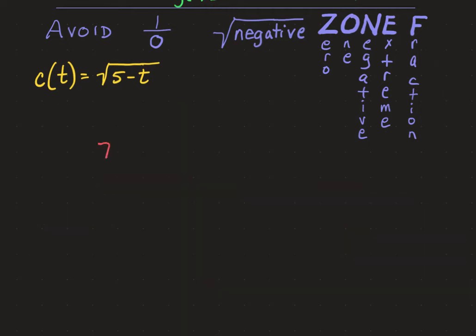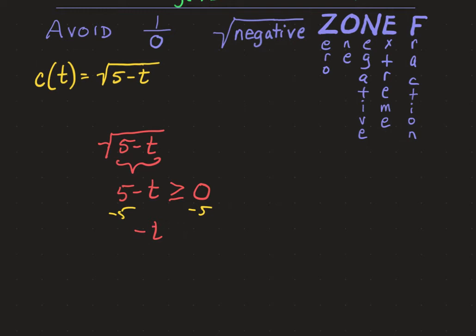We have the square root of 5 minus t. And what's underneath the square root? 5 minus t has to be greater than or equal to 0. So if you remember how to solve inequalities, if not, take a look at the first chapter in your book. Let's subtract 5 from both sides.